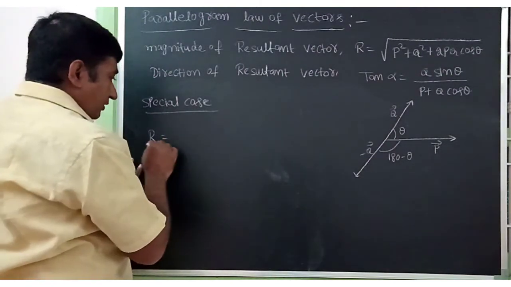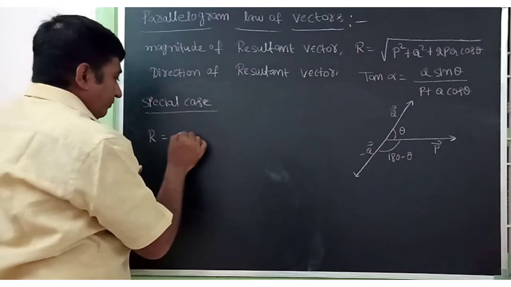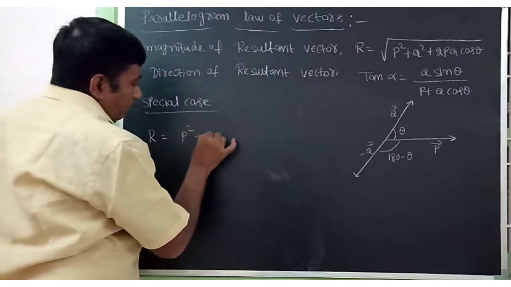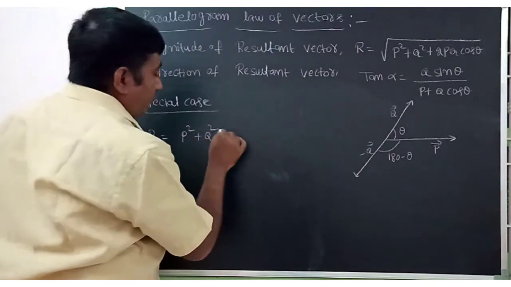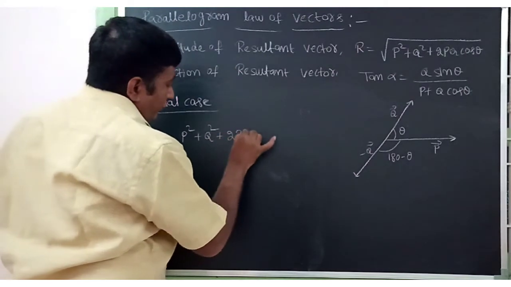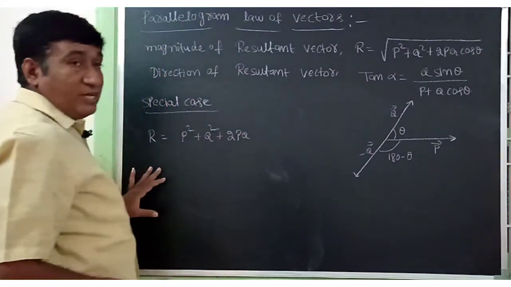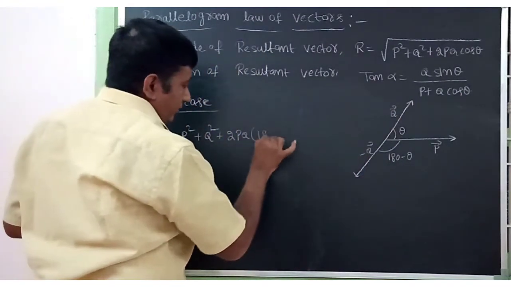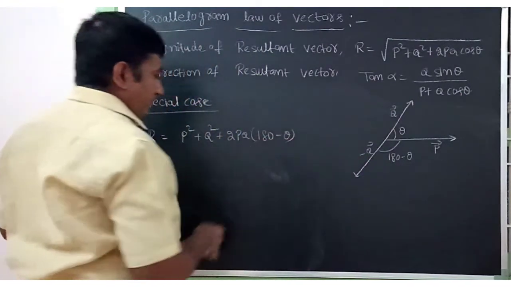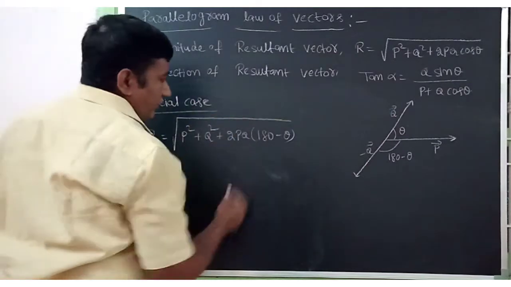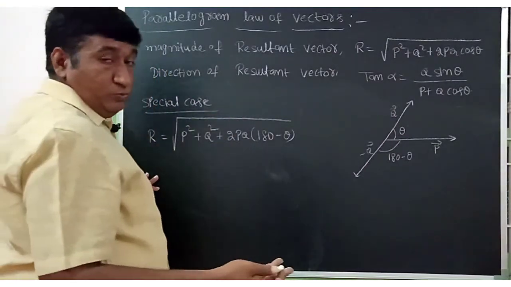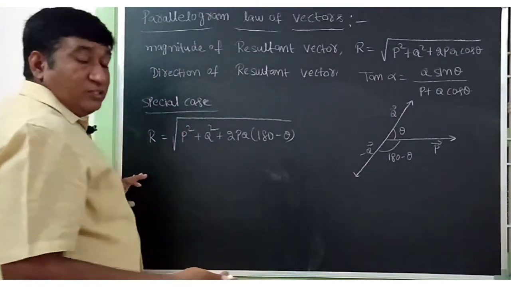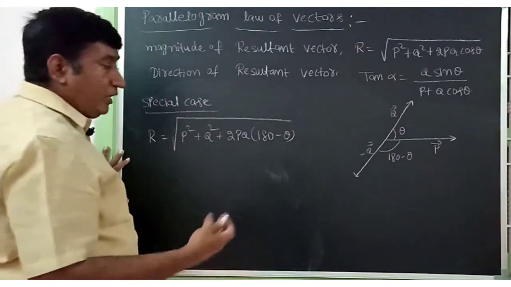With the help of this, I can obtain r is equal to root of p square plus q square plus 2pq cos of the angle between p vector and minus q vector, which is 180 minus theta. You can write 180 minus theta, or you can write pi, which is nothing but 180 degrees.